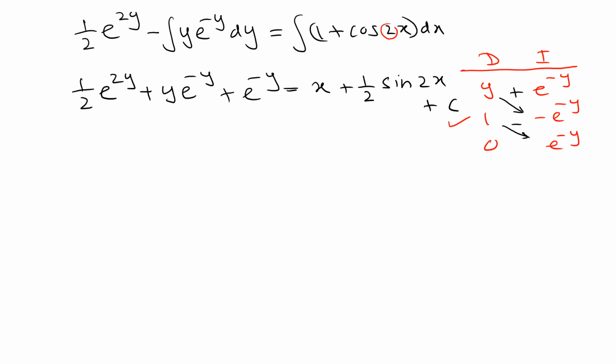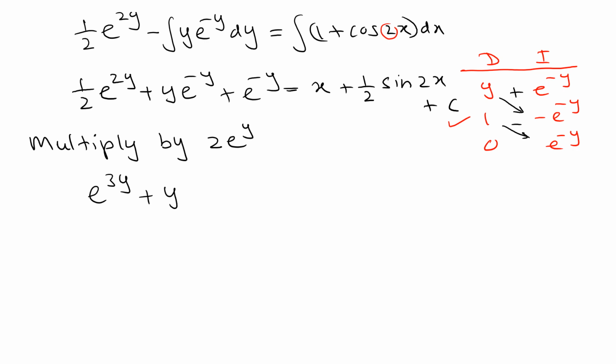For example, we can multiply the whole equation by 2e^y, because that simplifies this a little bit. So if you multiply by 2e^y, you're going to get e to the 3y. That's the first one. Next you get y. Next you get 1, because you multiply by, actually there's a 2 also, you forgot the 2.